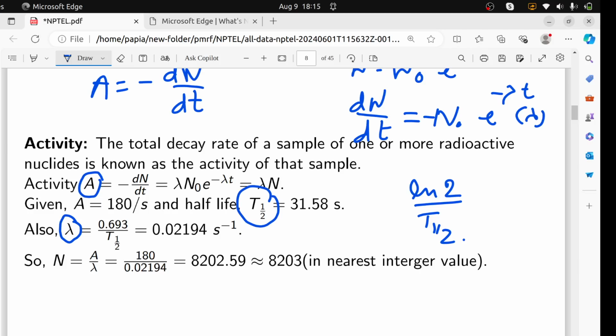A is 180 and lambda is 0.693 divided by T half, and if I calculate this, it will come as 8202.59. But this should be a number, that means how many parent nuclei will be present at time t, so it should not have any decimal digits. Obviously we have to write our answer as the nearest integer value. So the answer will be 8203. Okay.